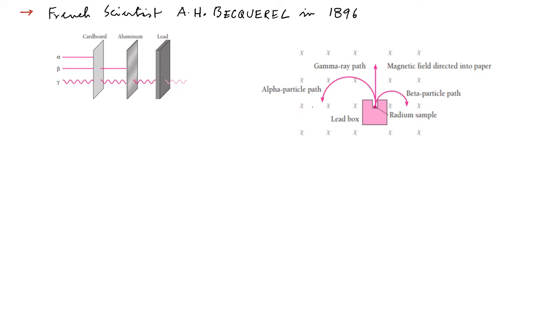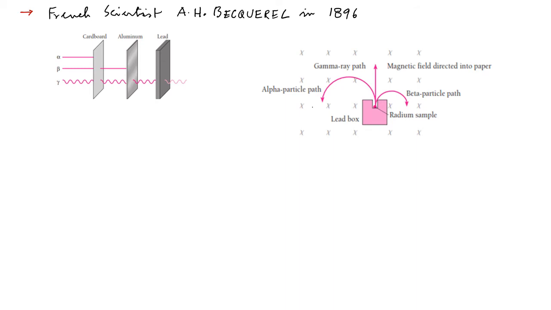So the phenomenon of radioactivity, which is a self-disintegrating process and a spontaneous activity in the form of the emission of radiation by some unstable nuclei, was first discovered by Becquerel in 1896.